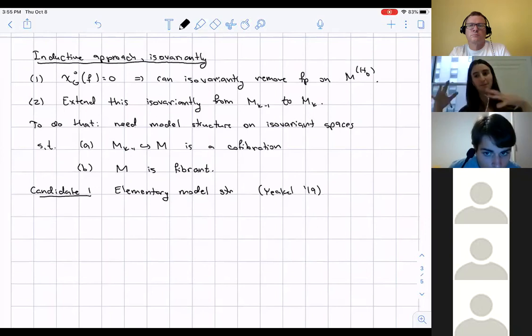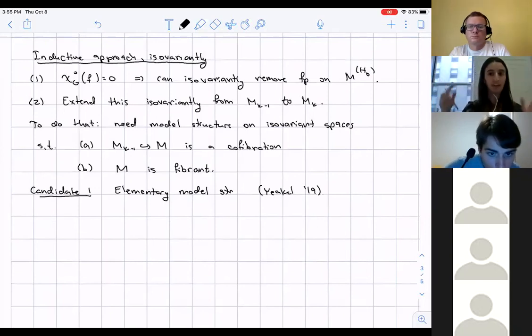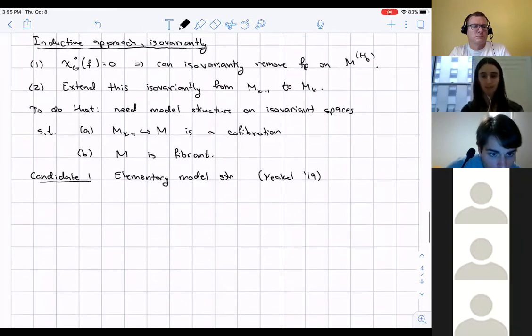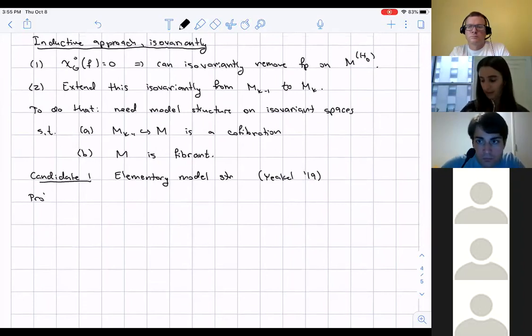So in this model structure, you can explicitly build an equivalence with some kind of pre-sheaf category. So I'm not going to tell you what this model structure is right now because we're running out of time, but I will tell you that there's a problem with it, and that's that not all manifolds are cofibrant.